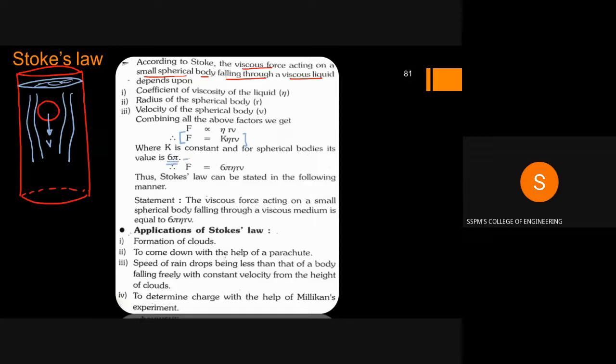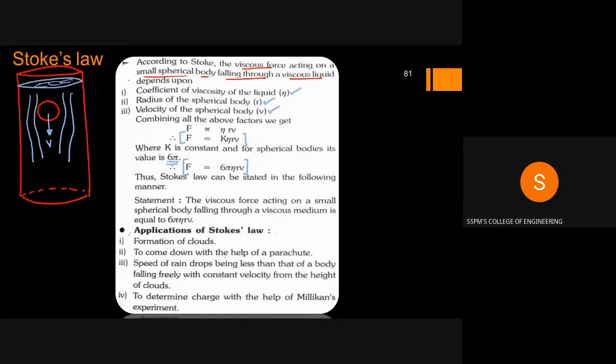So finally, the equation for the viscous force acting on the spherical object is 6 pi eta r v, where r is the radius of the spherical body, eta is the coefficient of viscosity, and v is the velocity of the spherical body. This is the final equation for the viscous force.